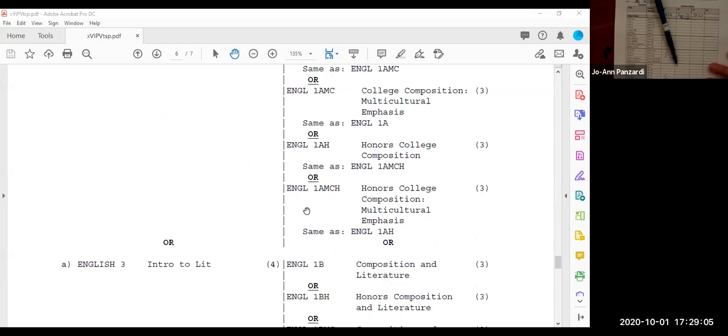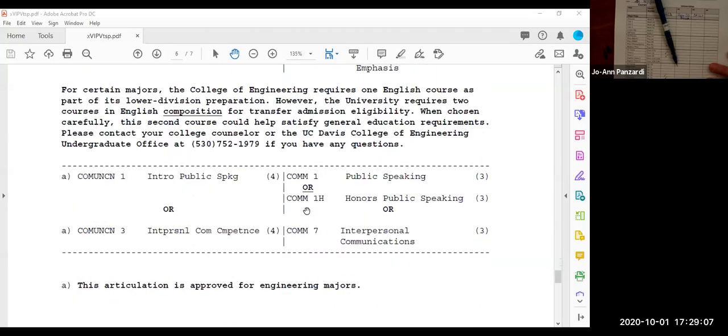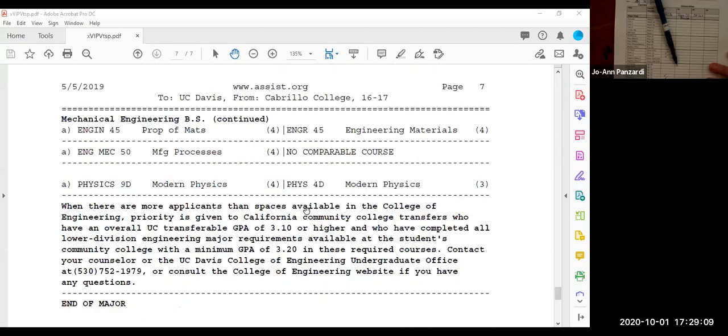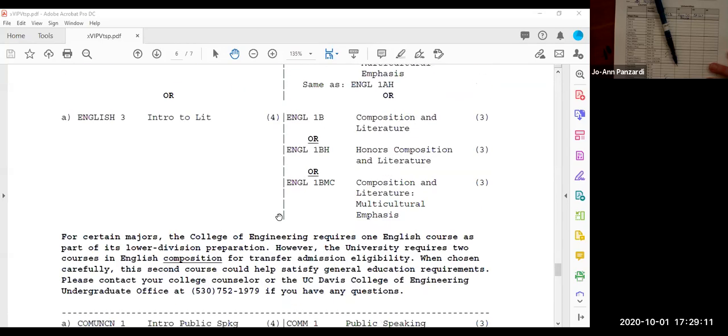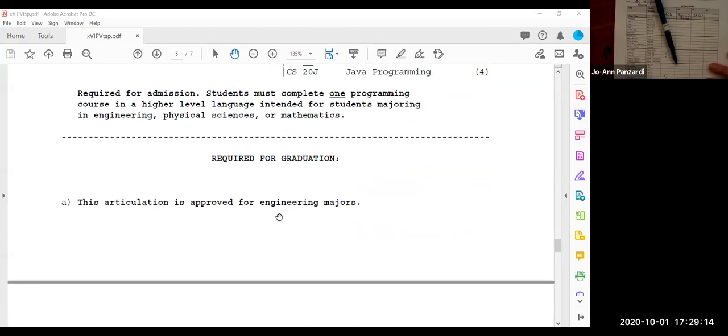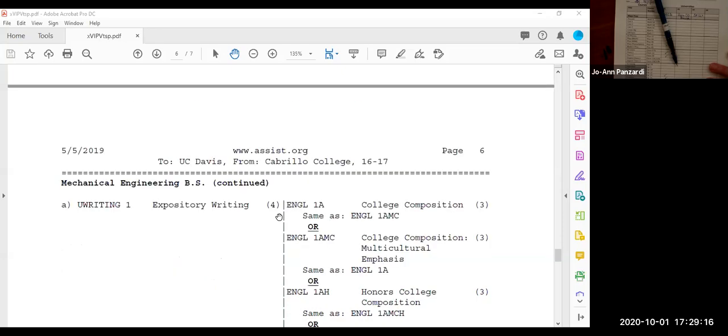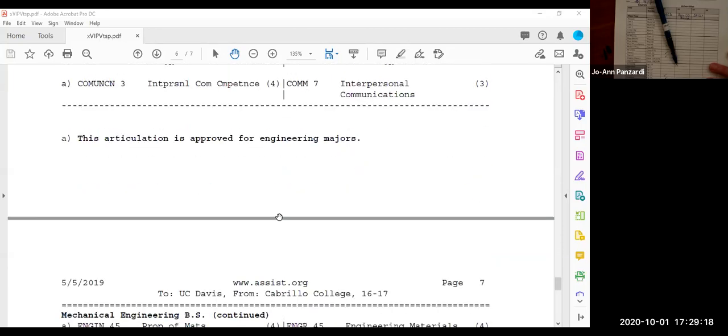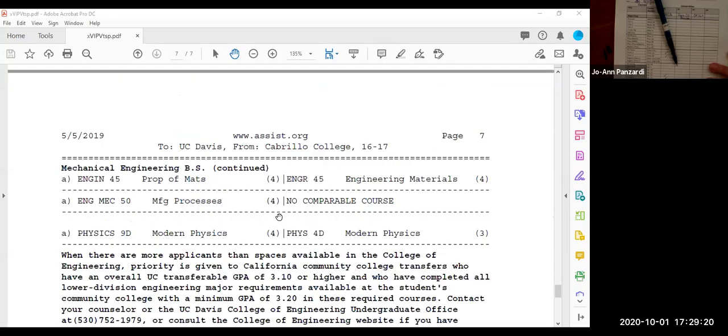And let's see, anything else? There's English, but I'm only worried about the core courses right now. And then it says, let's see, what's this say? Required for graduation. So I also have engineering 45. Okay. And it looks like I could take physics 4D too.